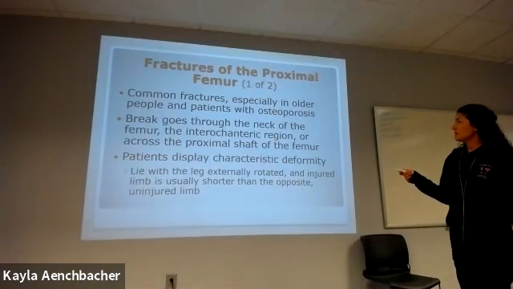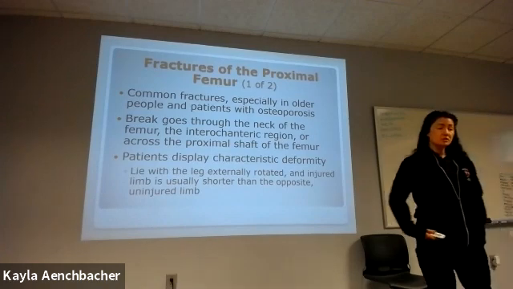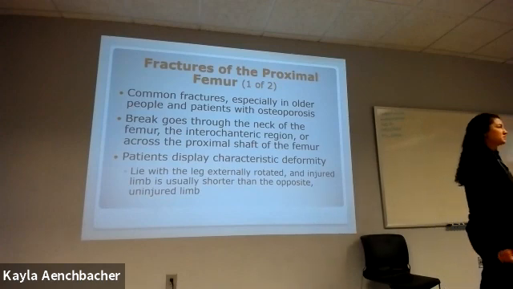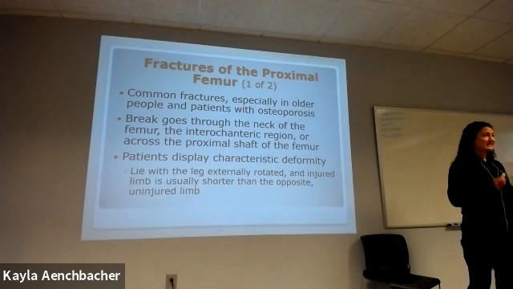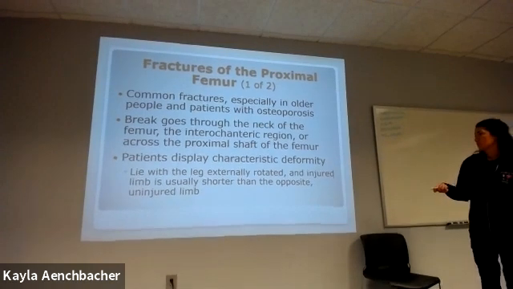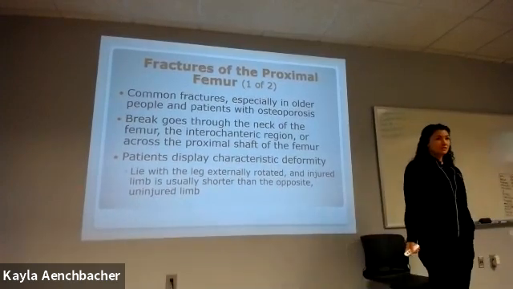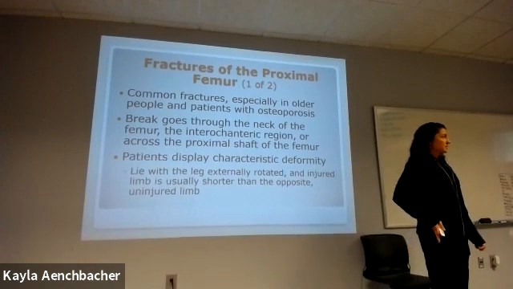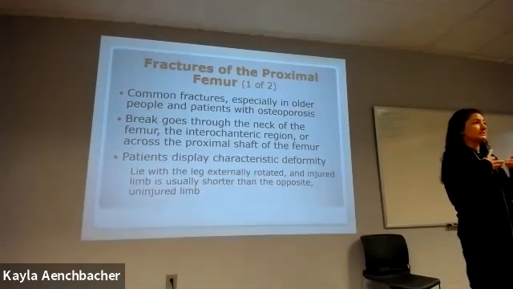Typically, this is going to be more towards the proximal, more towards the head of the femur. We see this more so with patients who have osteoporosis, the brittle bone disease, just the integrity of where that connects is not as strong. With this, we'll also see the rotation and the shortening because the elongation of the shaft, especially if it's right around the femoral head, is not going to be as intact.